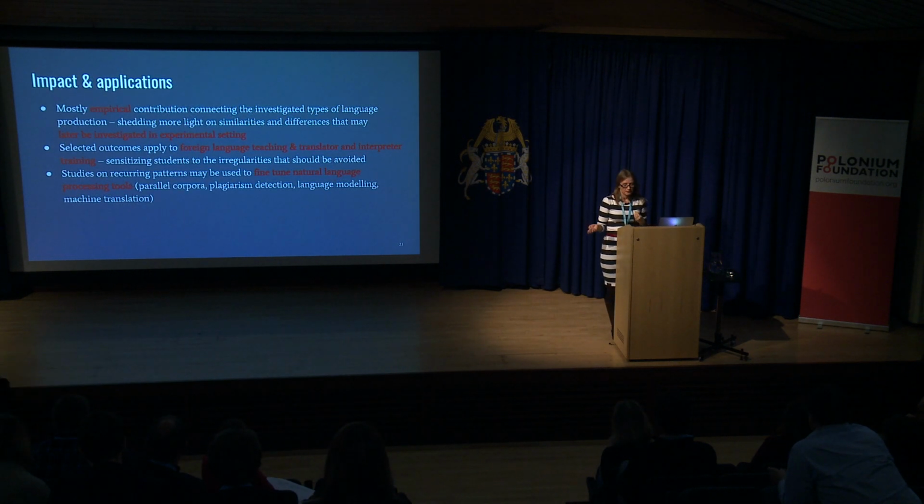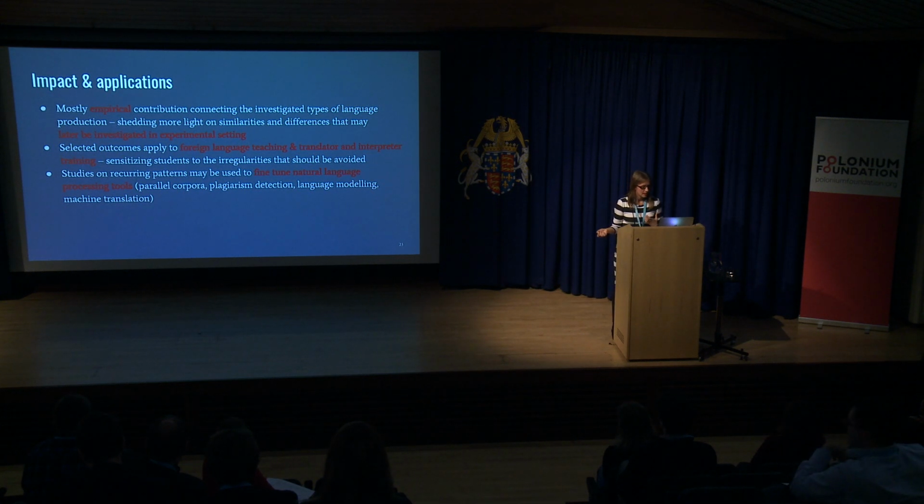And now the impact and applications of my work. Well, it's mostly empirical, so it highlights the differences between the investigated varieties and can be later on investigated further in an experimental setting to get to know why exactly that happens. But also it can be applied to foreign language teaching and translator and interpreter training.